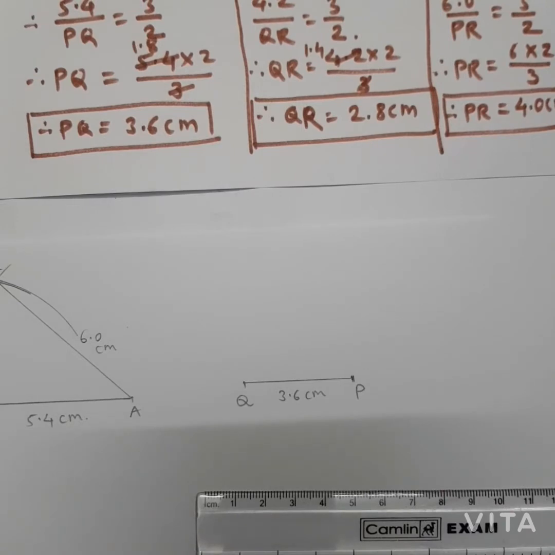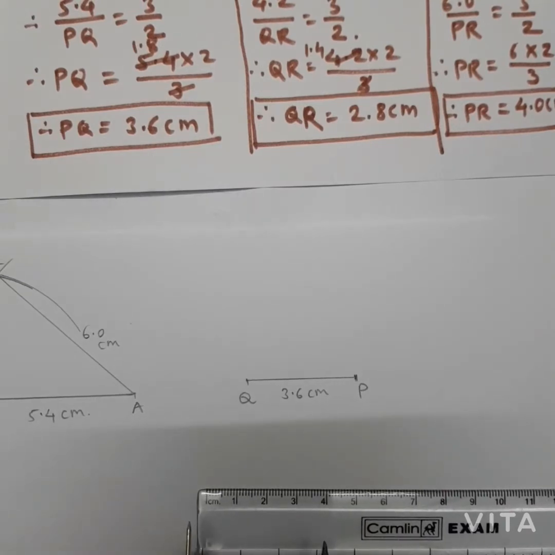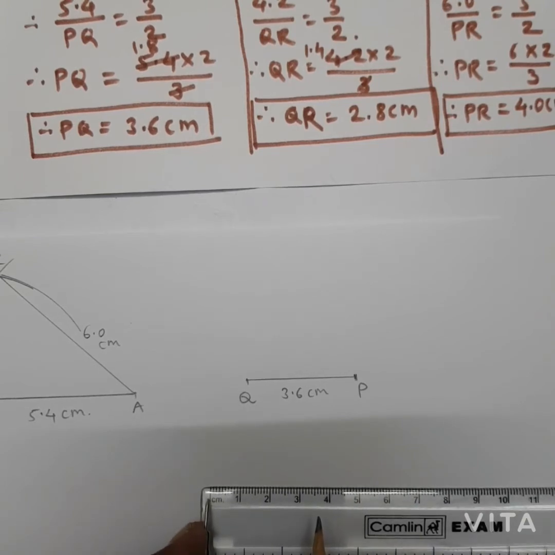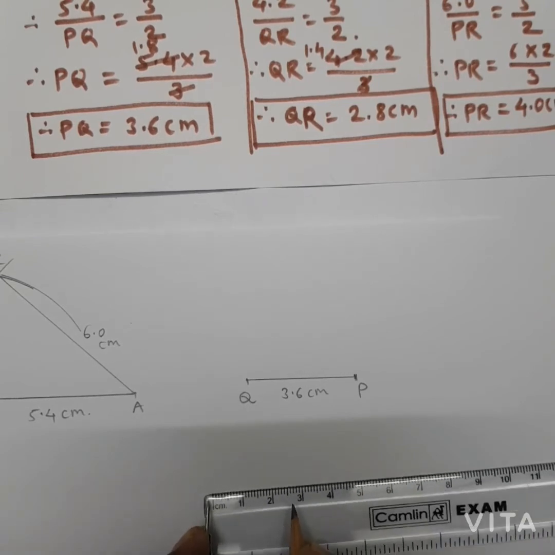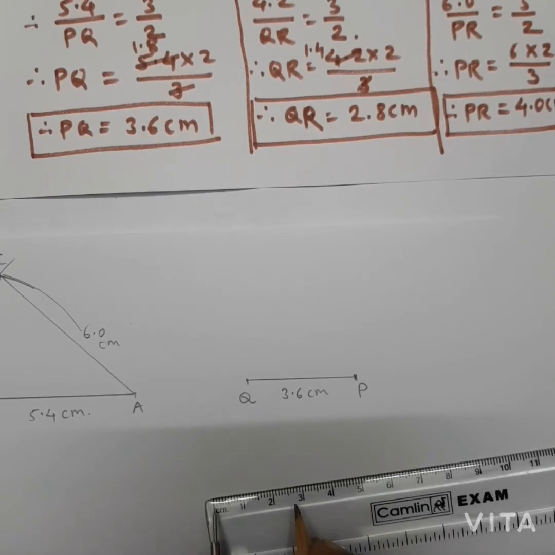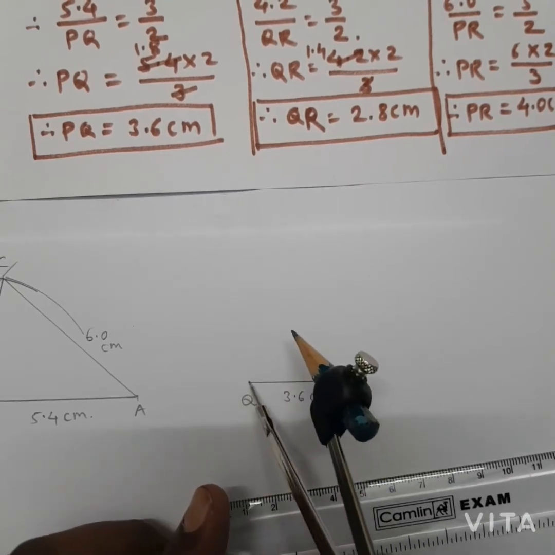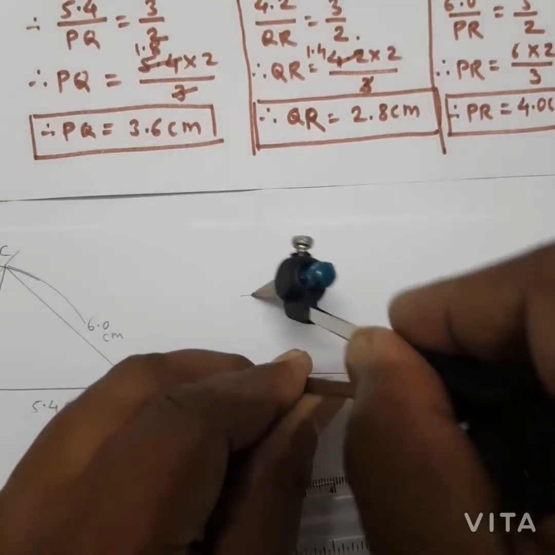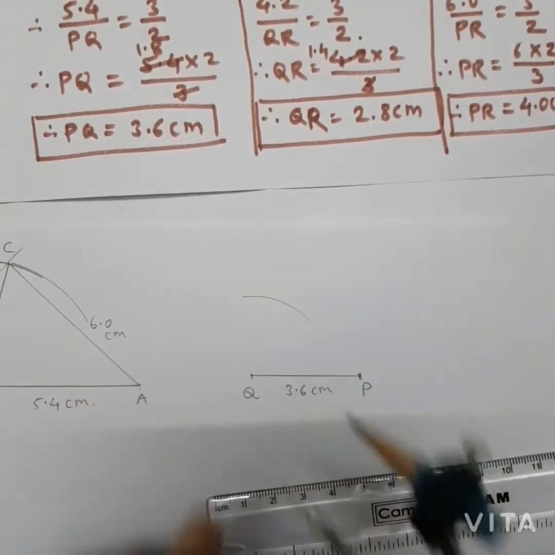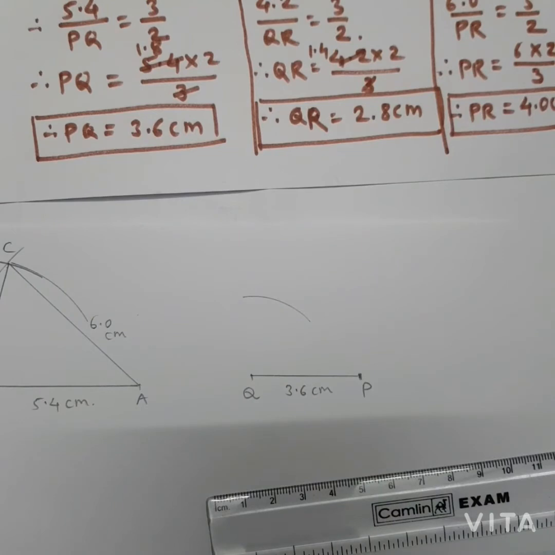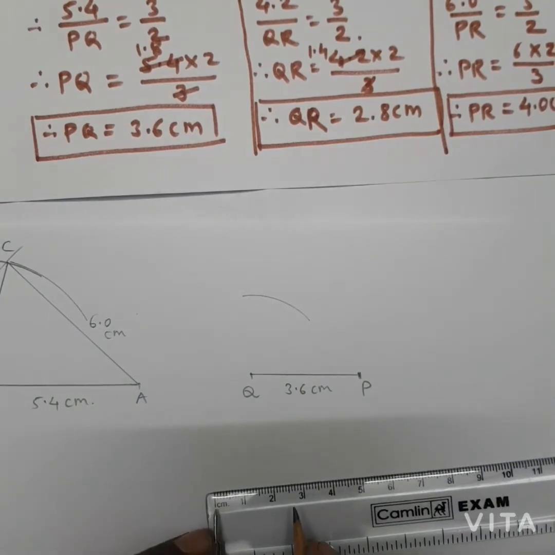We have to take 2.8 distance in the two ends of the compass. Then the next side PR, 4 centimeter distance.